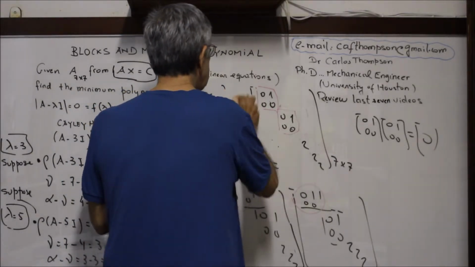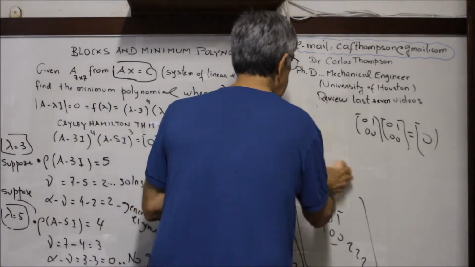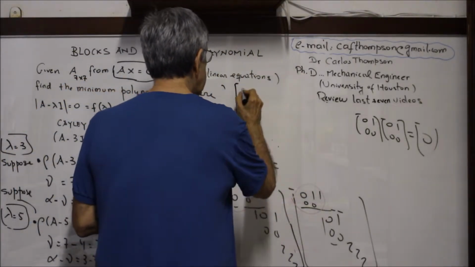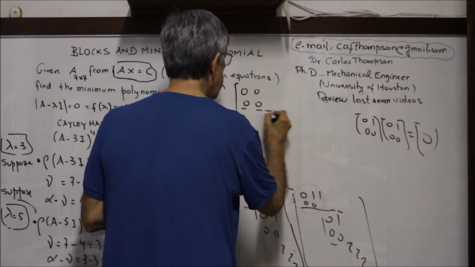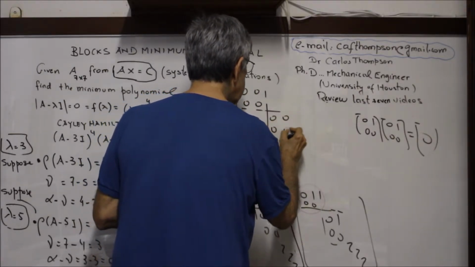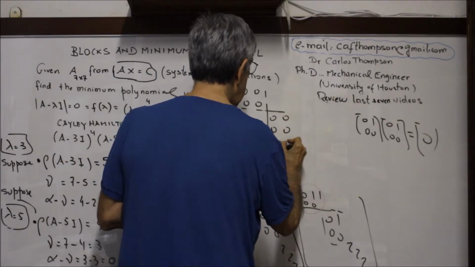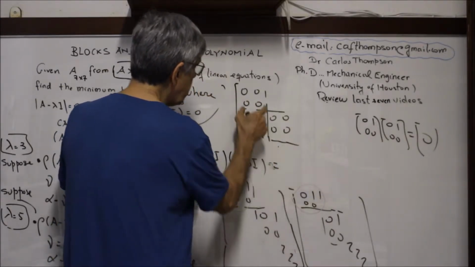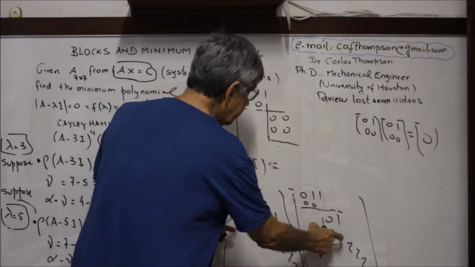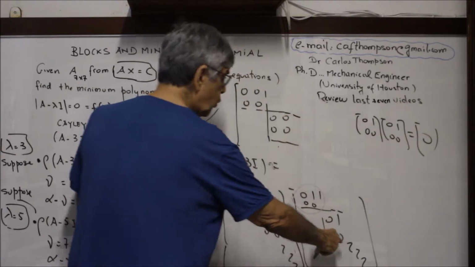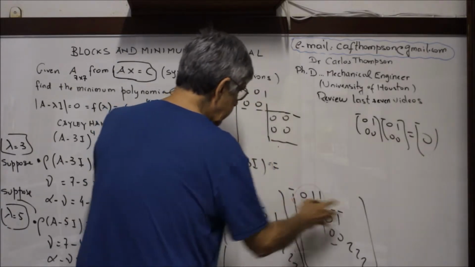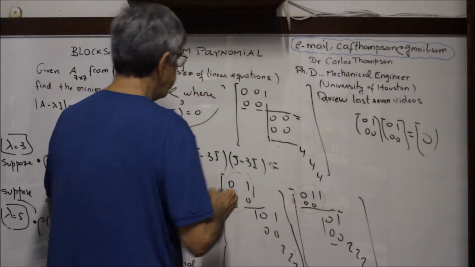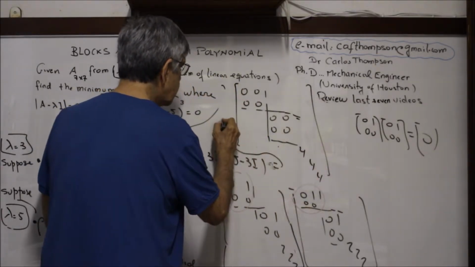I will get 0, 0, 0, 0, that is one block, and here 0, 0, 0, 0, that's the other block. This block times this block is this, and this block times this block is this. Now I have 2 squared, because I'm multiplying those two, so I have 4, 4, and 4. This is J minus 2I squared.